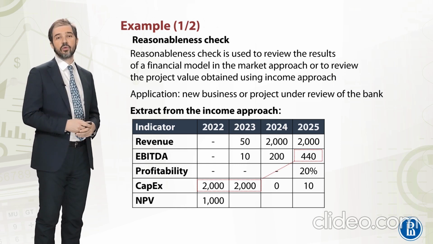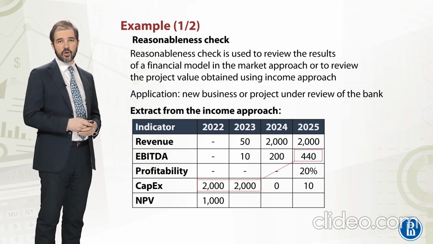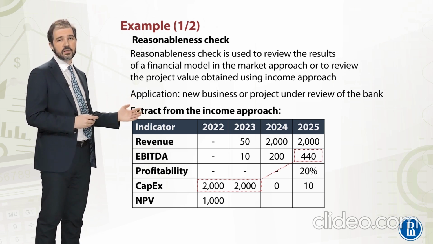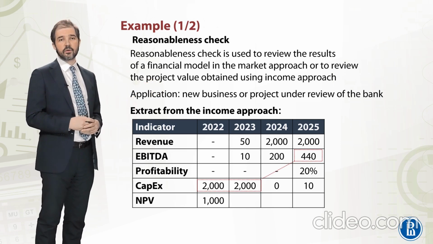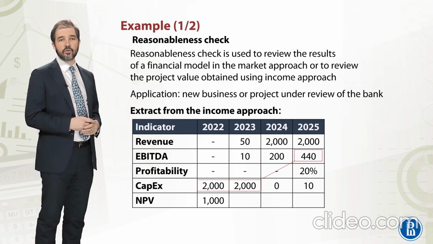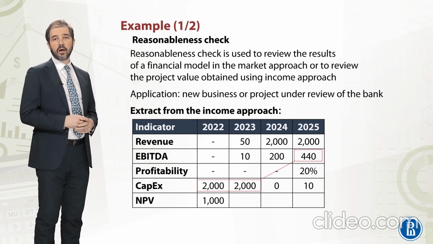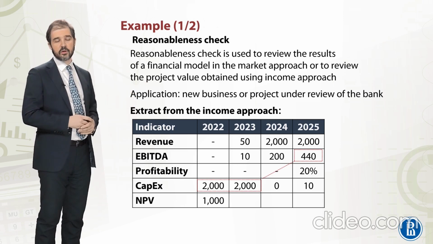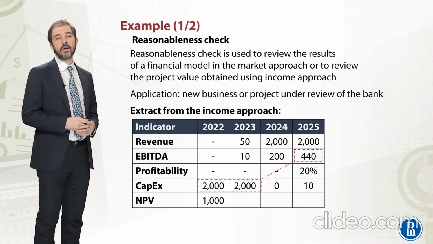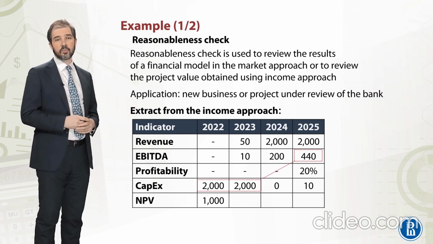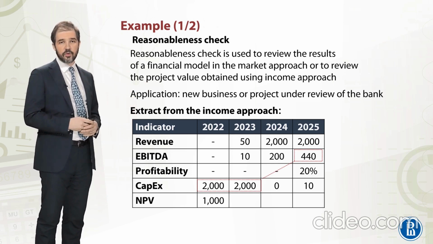What we see here on the slide are forecasts of revenue, and we see that they start from zero, and we see an increase in revenue. Then we see a forecast of EBITDA, then profitability. We mean EBITDA margin, so it's the relation of EBITDA to revenue. Then we have a forecast of CapEx, capital expenses, and NPV.